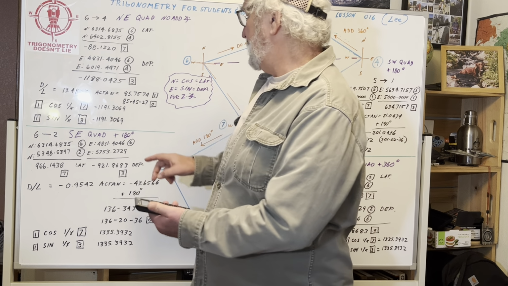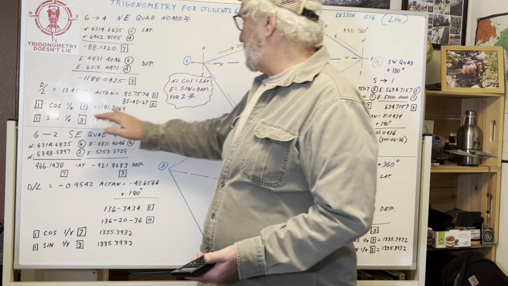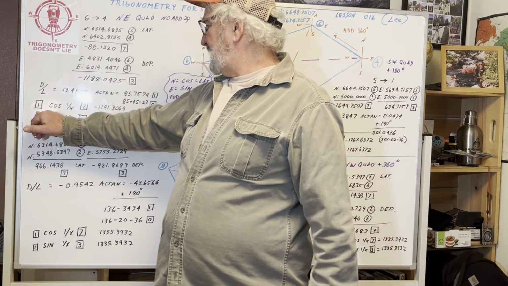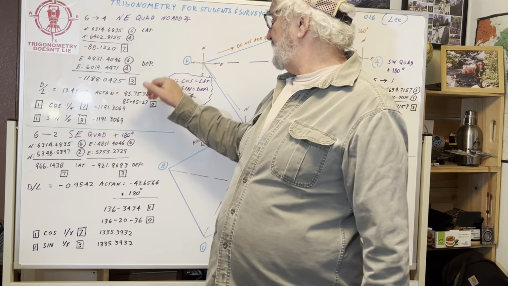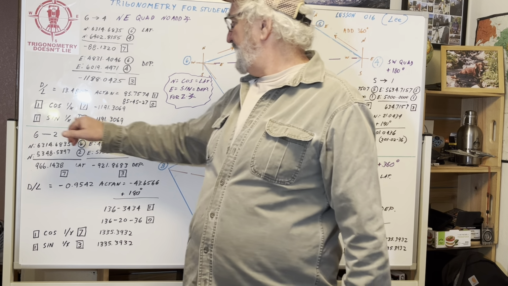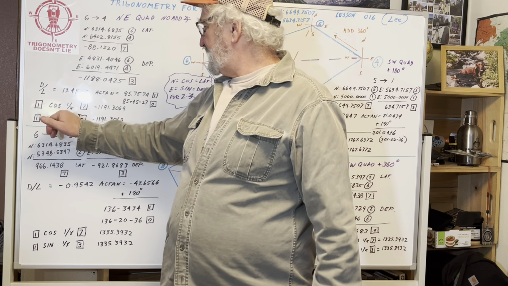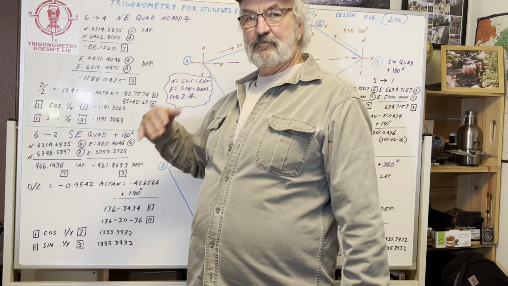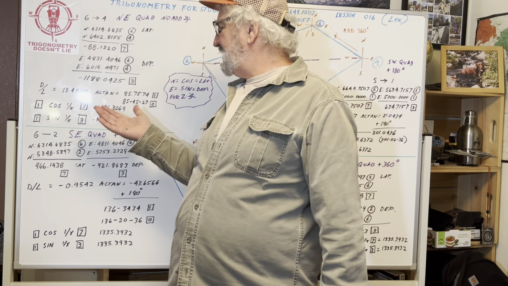Here are your keys over here. So 1 is the cosine. That's where I've stored this. Once I solved that, I stored it as 1. So that 1 is the cosine of that. And then you want to do 1x because you're solving for the hypotenuse.